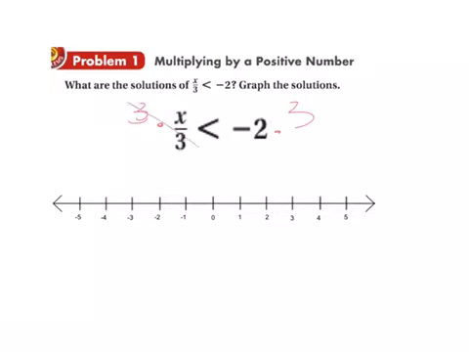And so we'll end up getting x is less than negative 6. Now this problem did also ask me to graph the solutions. And so now at negative 6, I'm going to go ahead and add an open circle, and we're going to graph this to the left.